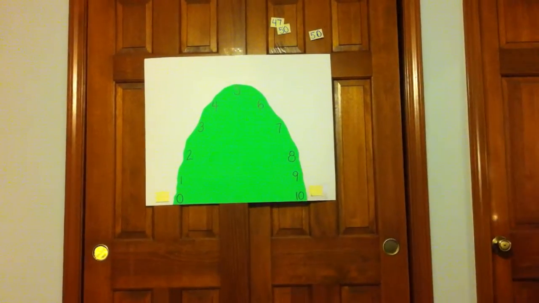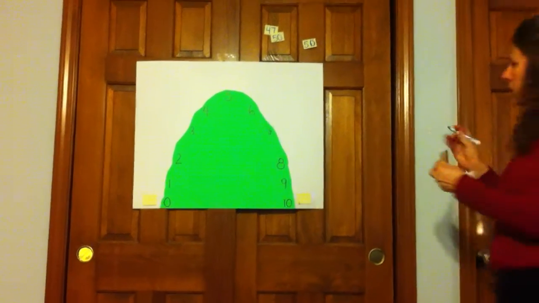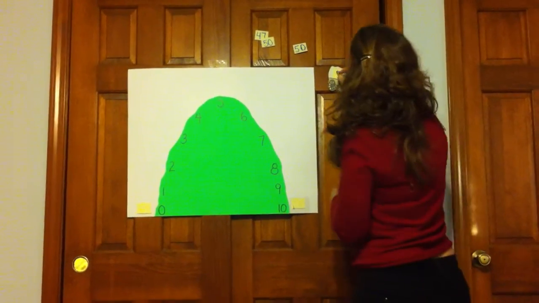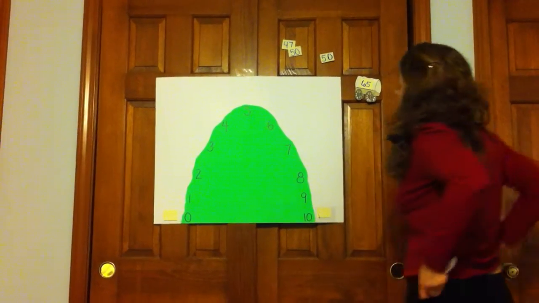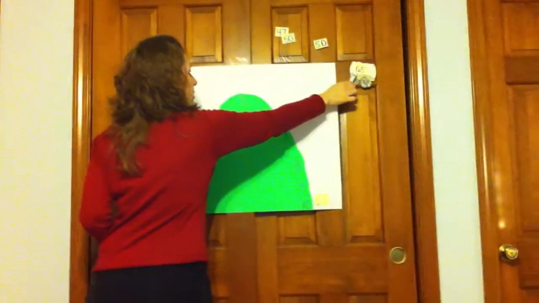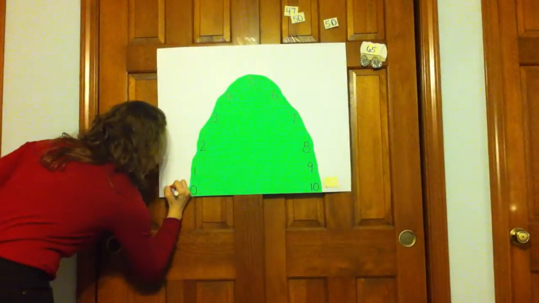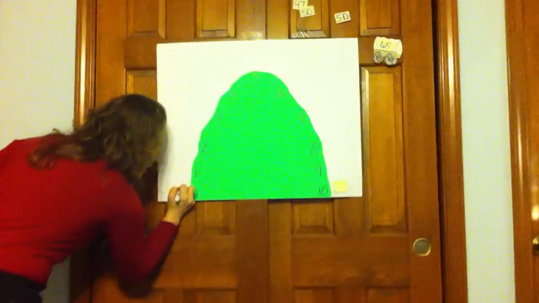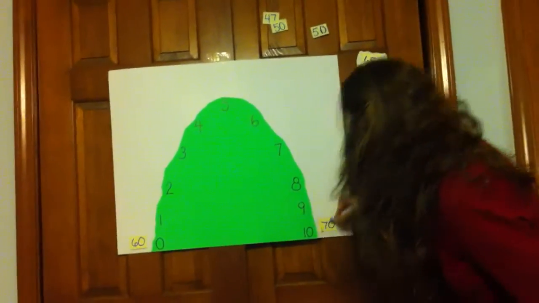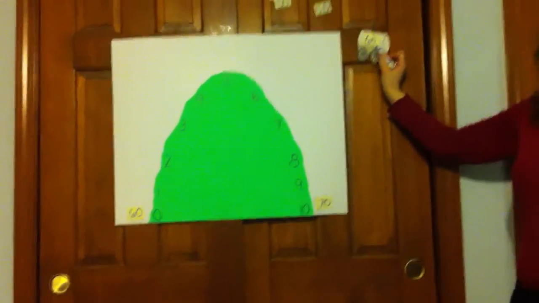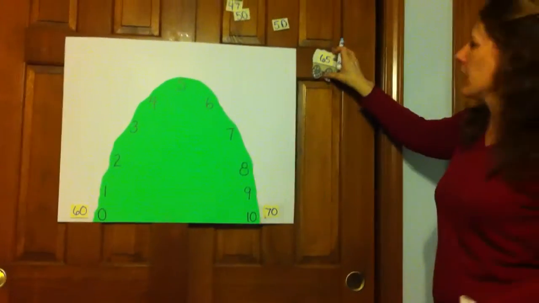All right, can you give me another two-digit number? 65. Okay, that's a good one. And what would be the two numbers before and after in the tens? 60 and 70. Right. We look at what's in the tens place. One is 6 with a 0, and one more in the tens place would be a 7 with a 0. What number is in the ones place here? 5.